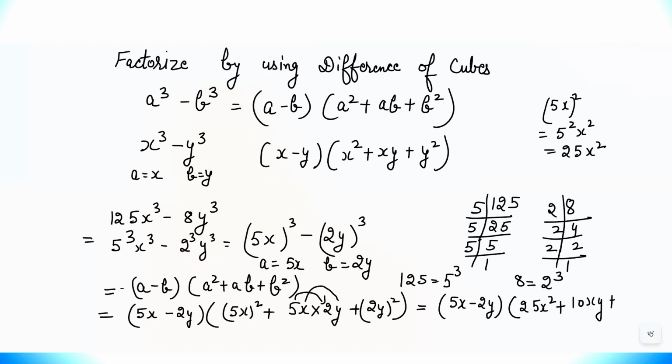Similarly, (2y) whole square can be written as 2 square y square, which is equal to 4y square. So the factors of 125x cube minus 8y cube are (5x − 2y) into (25x square + 10xy + 4y square).